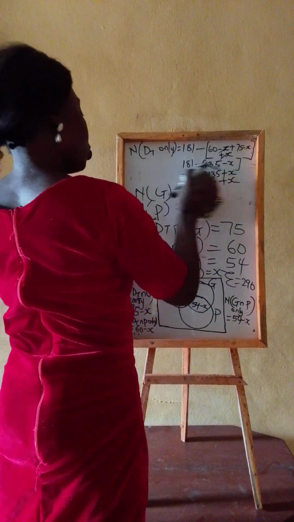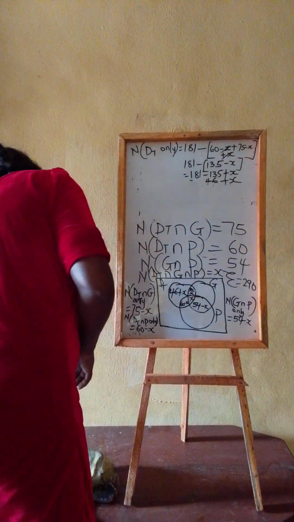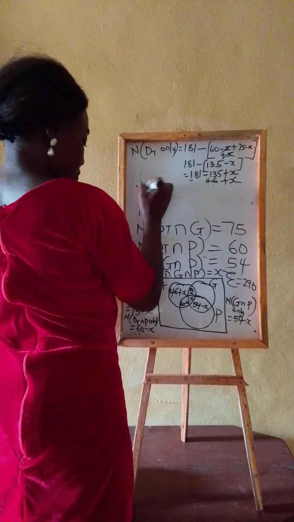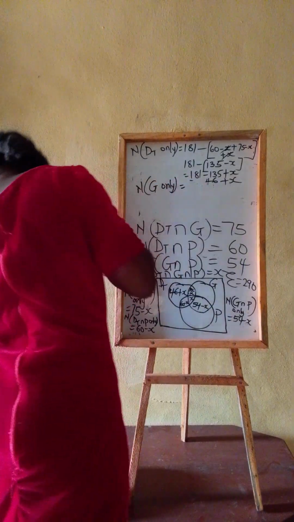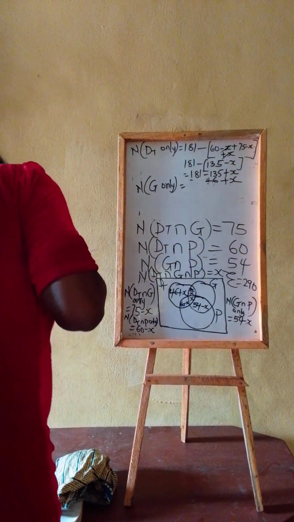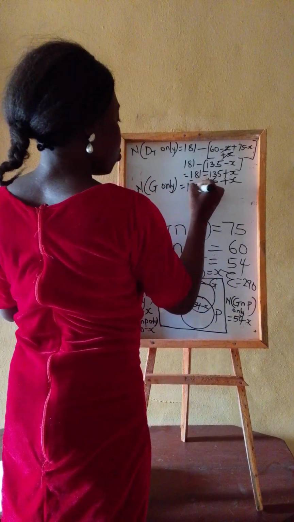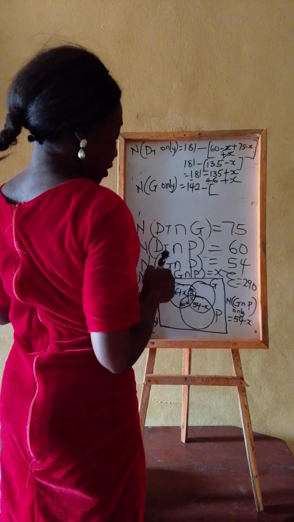Look at the next one, which is the number of G only. That's 142 minus... So where is G?